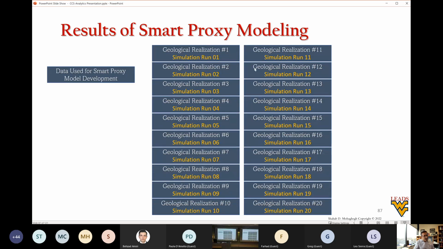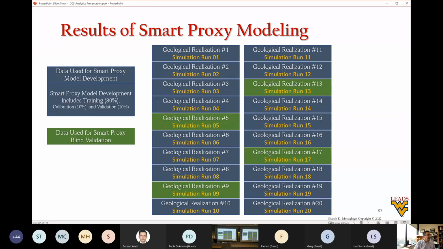Remember, these are the 20 simulation runs, 20 geological realizations I showed you. Out of these, 4 are data used for smart proxy blind validation. The blue ones are data used to build the model. The green ones were not used in any shape or form to build the model. Never seen.